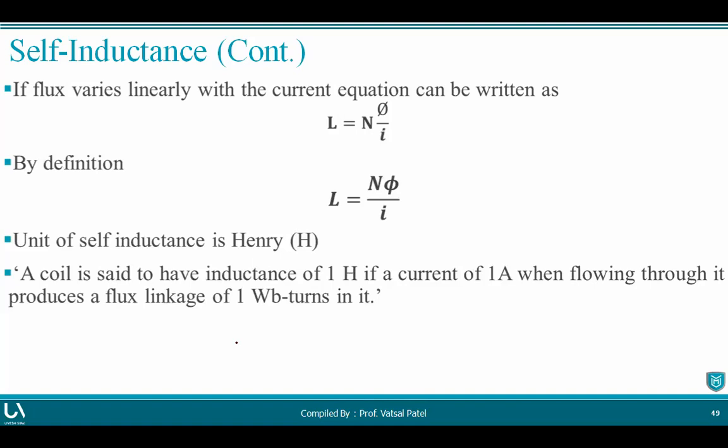A coil is said to have an inductance of 1 Henry if a current of 1 ampere flowing through it produces flux linkages of 1 Weber turn in it. So that is what indicates inductance. This is about self inductance up to here.